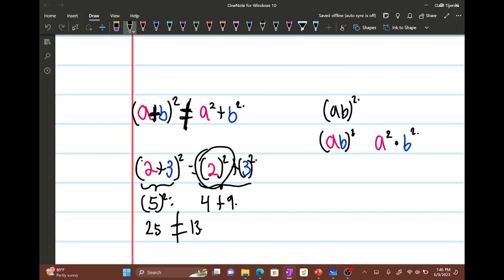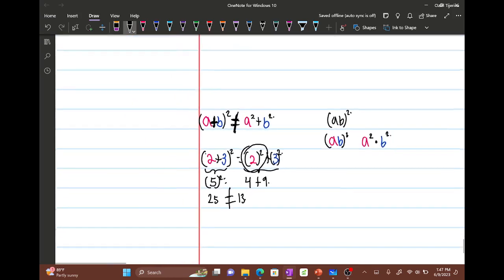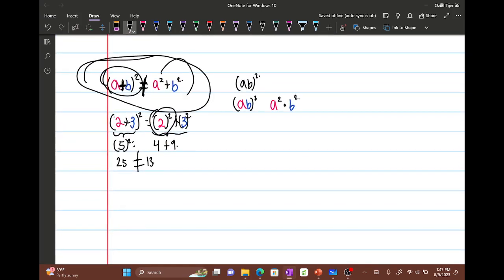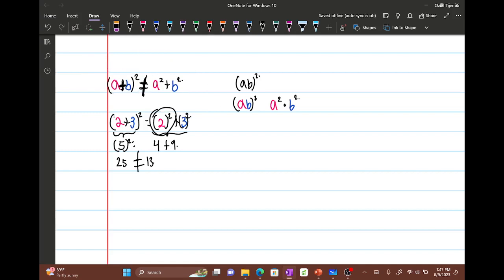It's so important to remember that, guys, because this is a very common algebra mistake, and I can't stress it enough, especially when you get to calculus and all those things, right? We can see how vital it is to actually understand the difference between this and this. So really, really try not to make that mistake, guys. So that's the first one.